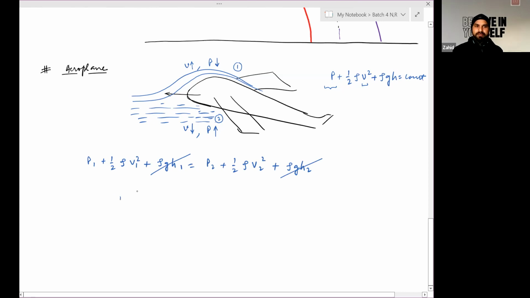So you'll get P1 minus P2, the pressure difference between bottom and upper part, equals half rho (V2 square minus V1 square). Or you may reverse it, since pressure at the bottom is greater than pressure at the top, so we may write P2 minus P1 equals half rho (V1 square minus V2 square). Is it clear till this part?